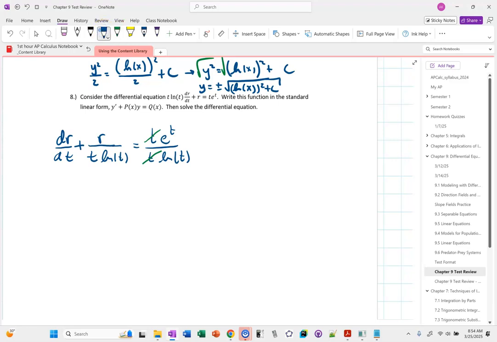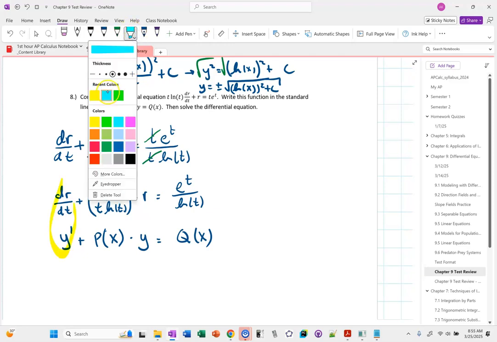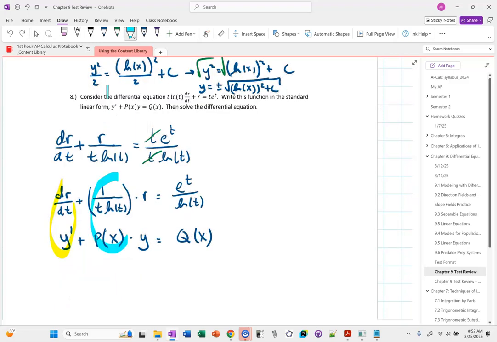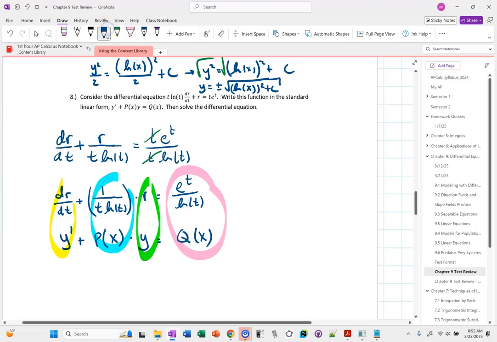Everybody okay there? Everybody feel okay with what I've done there to rearrange it to get into linear form?